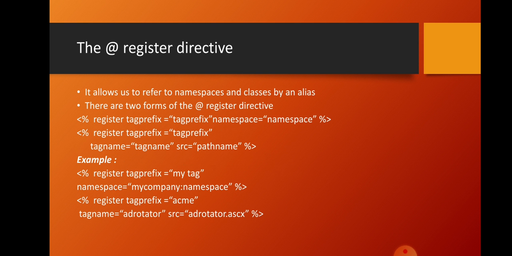Another one is register tag prefix equal to tag prefix, tag name equal to tag name, source equal to the path name of the namespace. Here is an example: register tag prefix equal to MyTag, namespace equal to MyCompany.Namespace. Another example is register tag prefix equal to SCME, tag name equal to AdRotator. Here SRC specifies the path name.